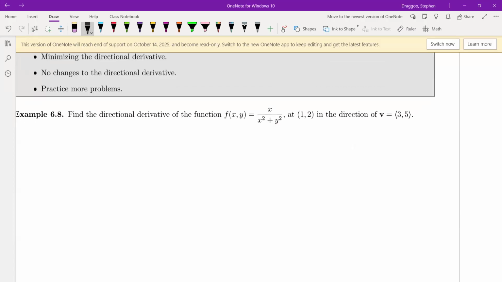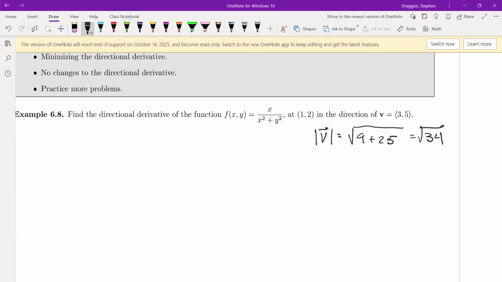So step number the first. I'm going to look at that direction, because right now it just gives me a vector, (3, 5). That thing's not a unit vector. So I'm going to start by figuring out what my unit vector would be in that direction, which means I need the magnitude of v, which looks like the square root of 9 plus 25, which is root 34.